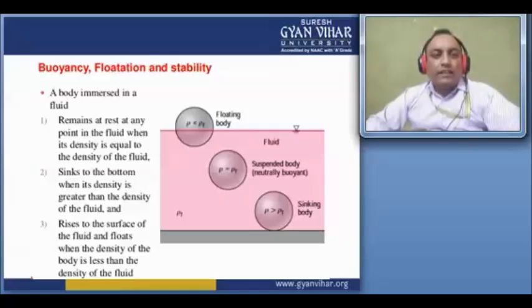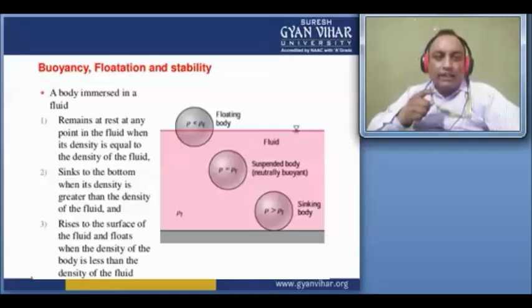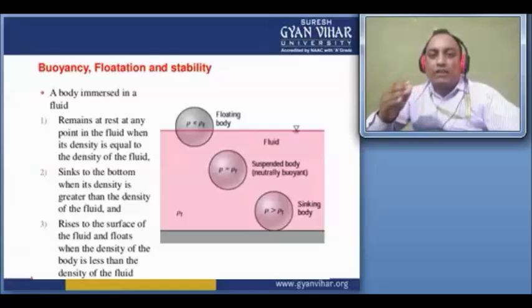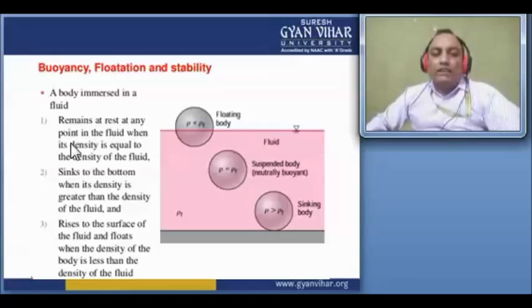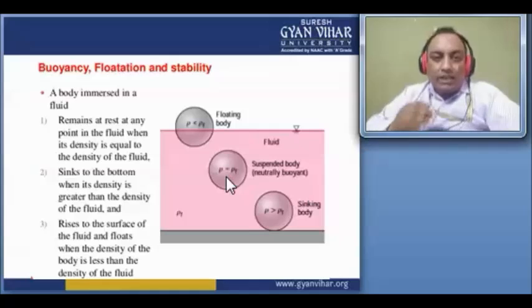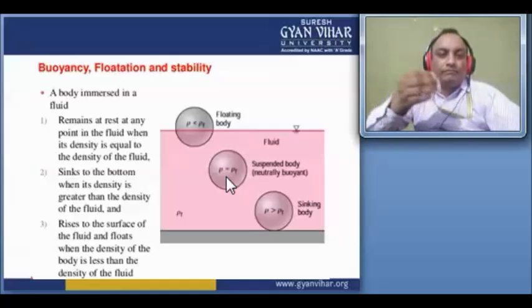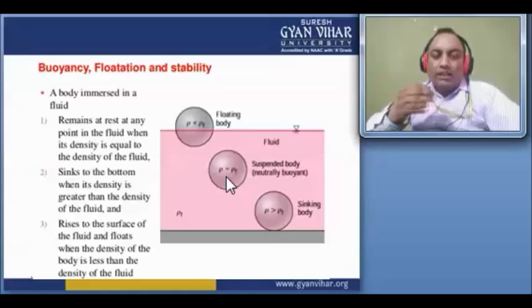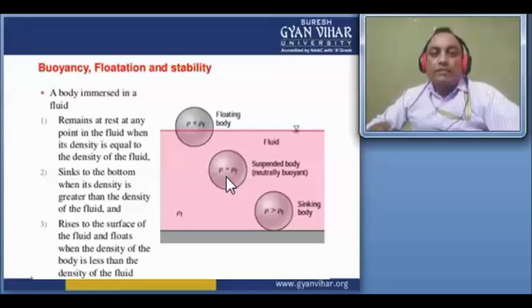For the first case, if the density of the object is less than the density of water, then the object is always floating on the surface of the water. In the second case, if the density of the object is equal to the density of the liquid or fluid, then this is a suspended body, and it behaves just like a neutrally buoyant body, right?